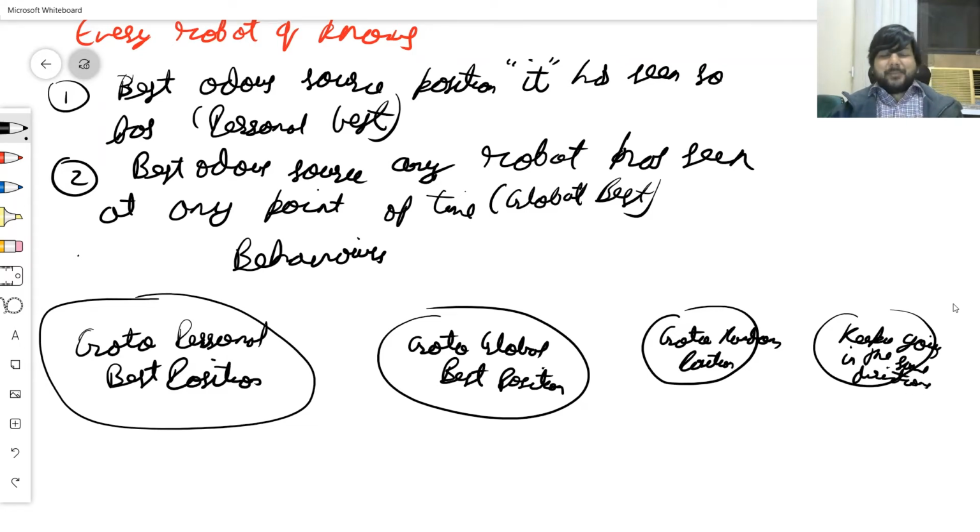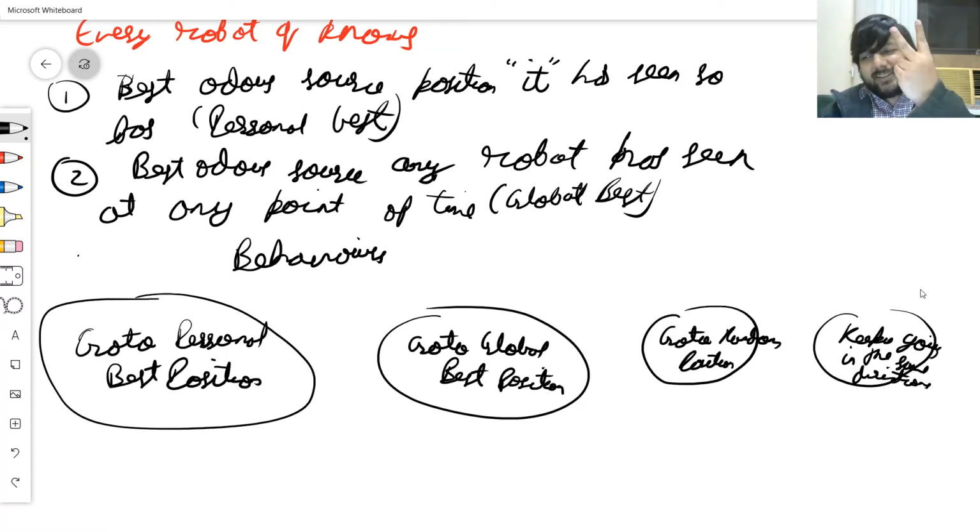Now, when you have multiple behaviors, you have two ways. Either you apply a selection, that's what we did in the sequencing of the behavioral finite state machine. I first go to A, then I go to B, then I go to C. At any time I go to one place. Or you can apply fusion. That's what we did in potential field.